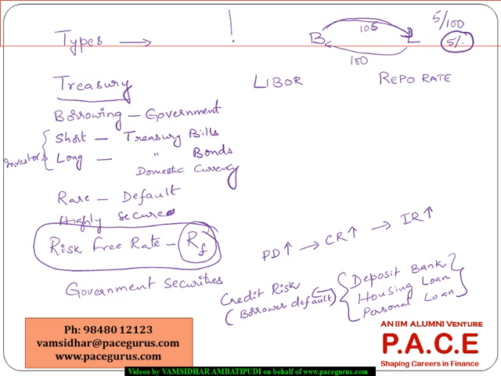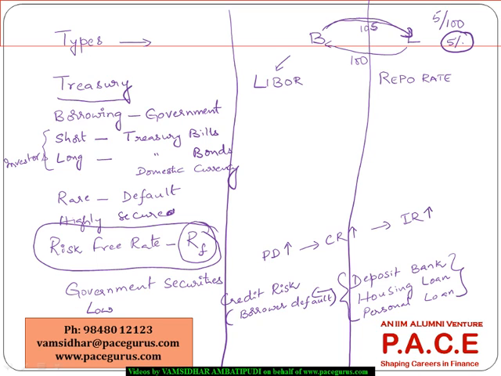But what we are seeing in the practical world is that various traders believe in using Libor more compared to the risk-free rate for valuation. What they typically say is that the risk-free rate, which is the treasury rate, tends to be very low in a practical scenario because of various tax and regulatory issues.